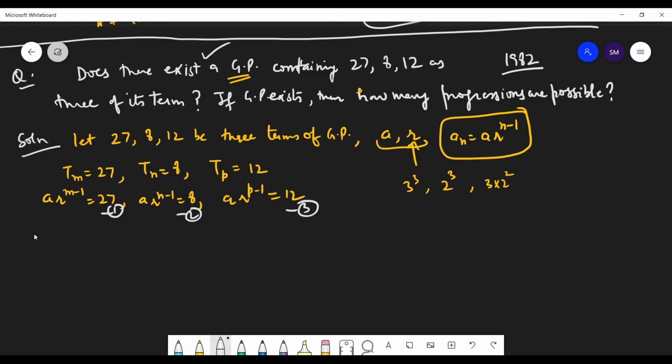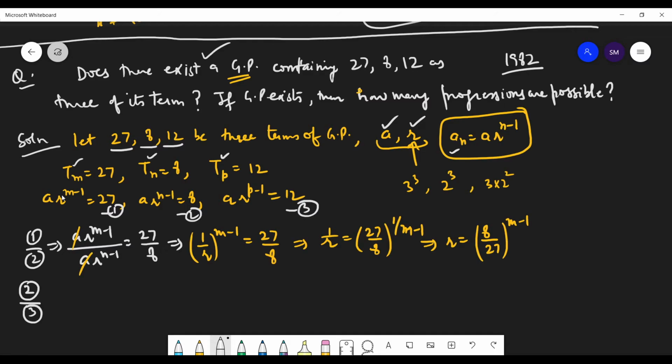So their first term is A, common ratio is R. So nth term can be written as A into R raised by n minus 1. So mth term can be written as A into R raised by m minus 1 equals 27. Nth term can be written as A into R raised by n minus 1 equals 8. And pth term is A into R raised by p minus 1.